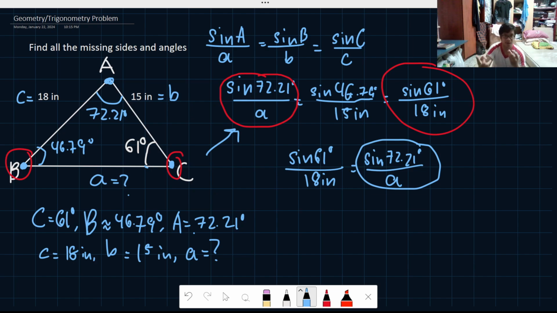Because if both the angle and the side are missing, you will not be able to find the missing side and the angle here.